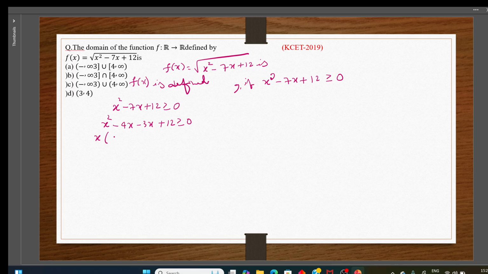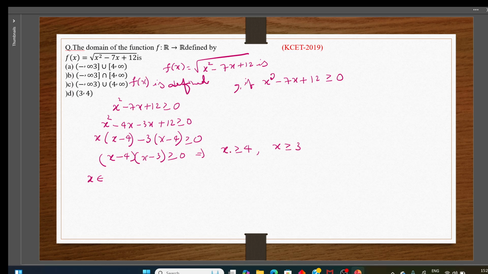So x minus 4 and minus 3 of x minus 4 is greater than or equals to 0. Factors are x minus 4 and x minus 3, greater than or equals to 0. Simplify this, we get x is greater than or equals to 4 and x is greater than or equals to 3.